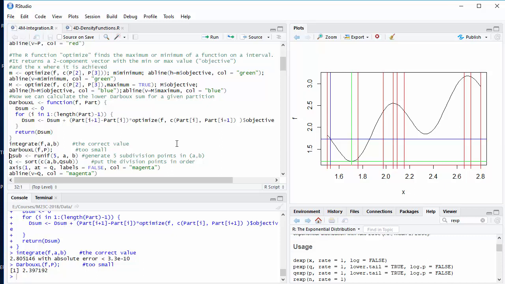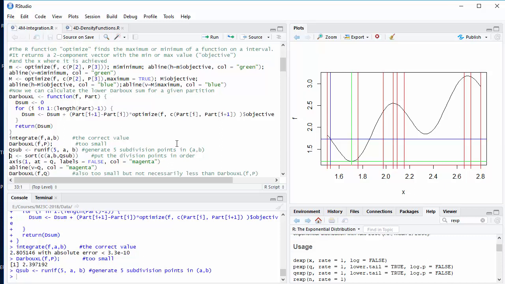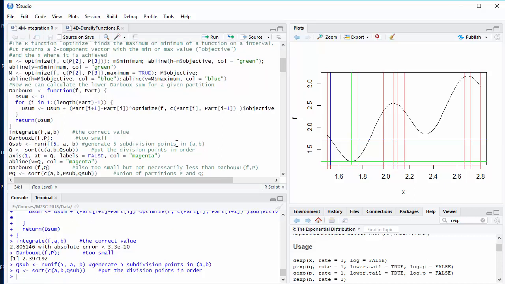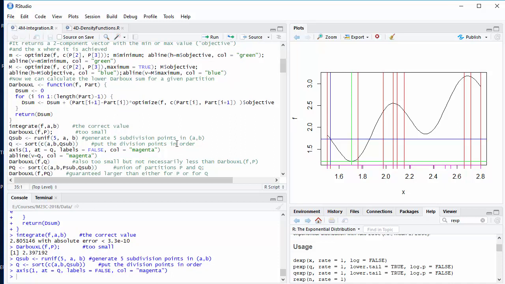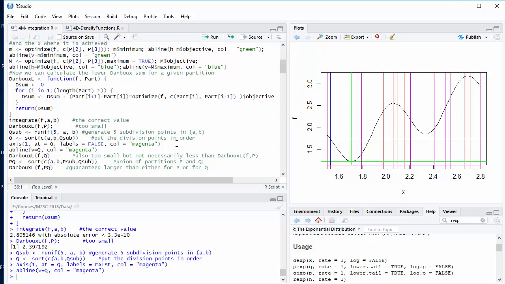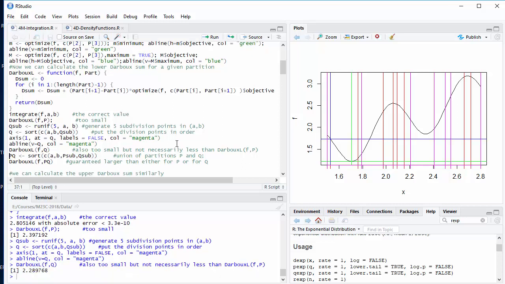But now I can illustrate an interesting point about lower Darboux sums. Here's a new subdivision, a new partition with 5 subdivision points. I put them in order, and I'll show them in a different color, magenta, on my axis. And now when I ask for the lower Darboux sum for partition Q, I'll get another value that's too small.